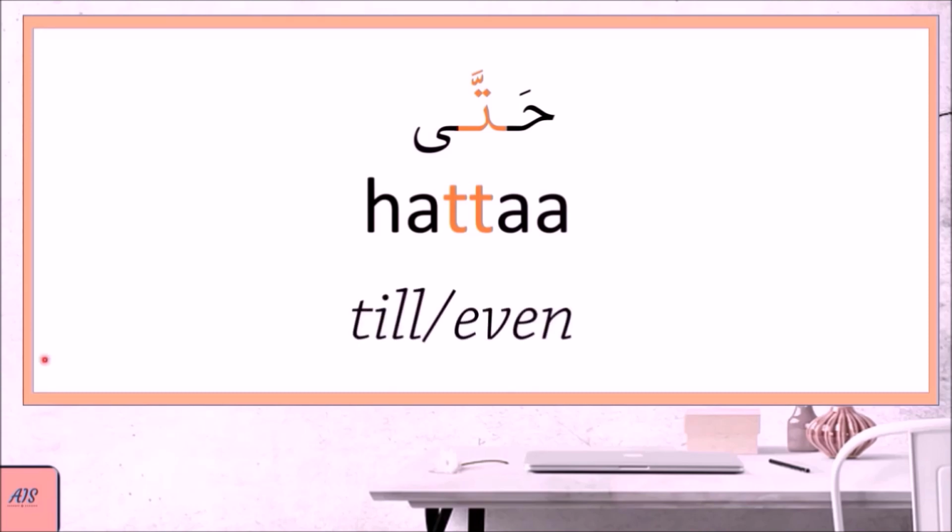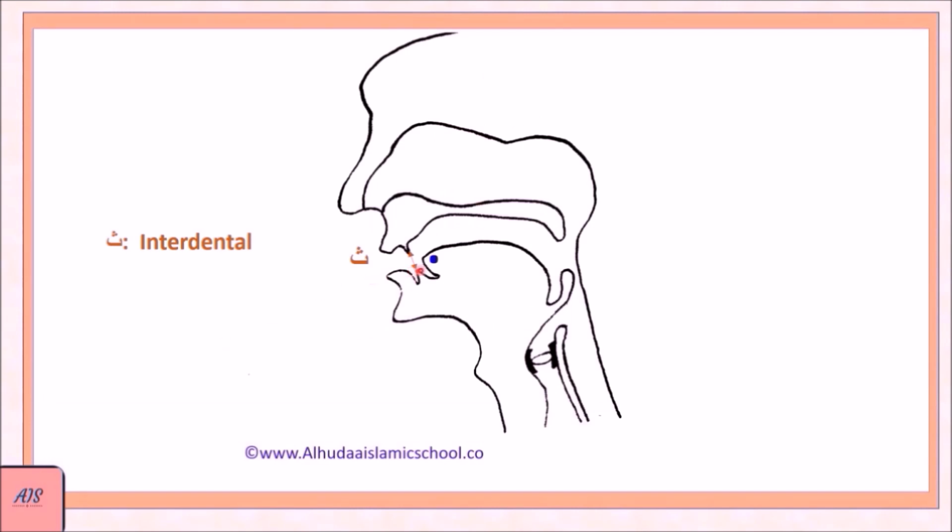Now tha. The letter tha is produced by placing the tongue in between the upper and the lower front teeth. It is therefore called an interdental sound. The behavior of the tongue and the teeth during the production of tha is said to be fricative. Fricative because the airstream is almost completely blocked, and air is pushed out through a narrow opening.